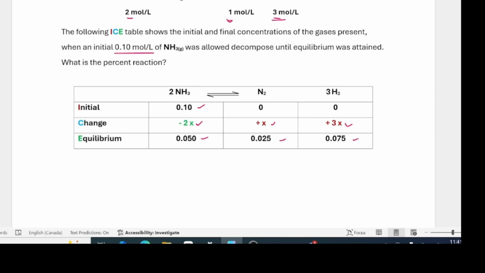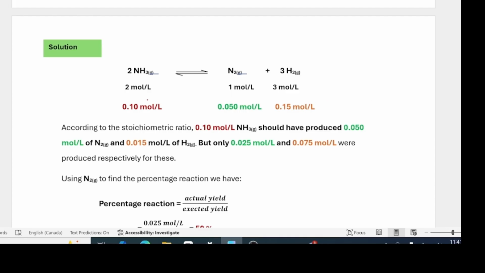Now you want to find out what is the percentage reaction. Had this reaction gone to completion, if you started off with 2 moles per liter, you would have gotten 1 mole per liter and 3 moles per liter. If you started off with that quantity, had it gone to completion, look, this is 2 to 1, right?